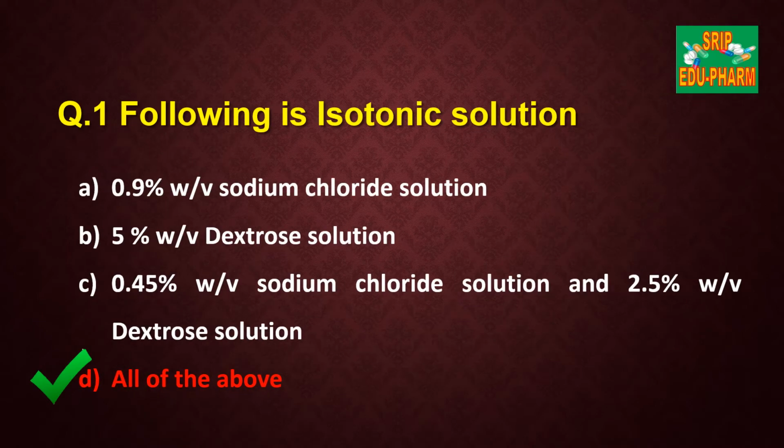The first question is: following is isotonic solution. First of all, we must know what is isotonic solution. Iso means equal. Isotonic solution means when any solution has similar concentration or similar osmotic pressure as the other solution. It is a relative term. Now, generally we say isotonic with respect to our blood.